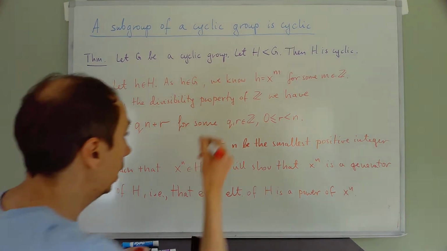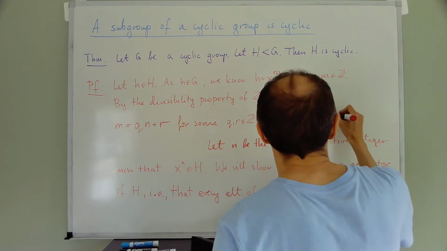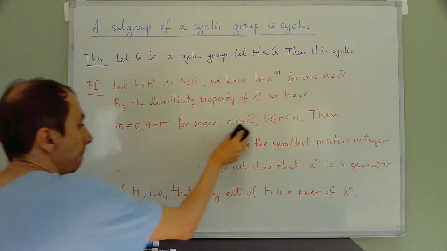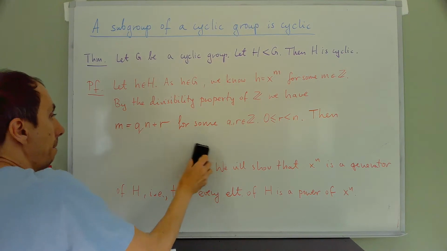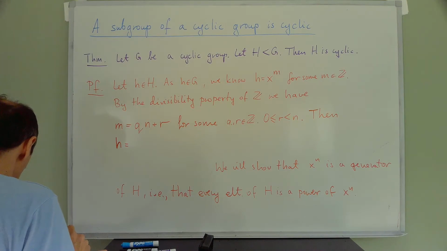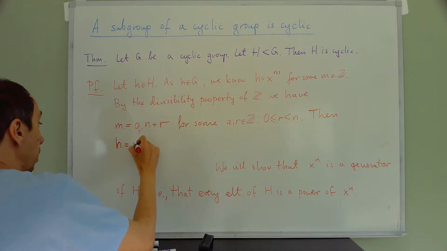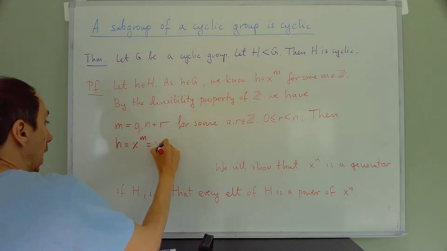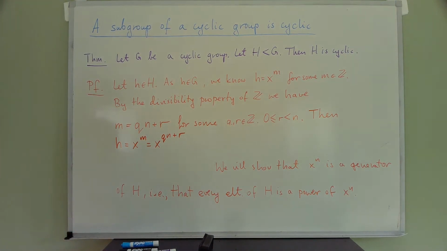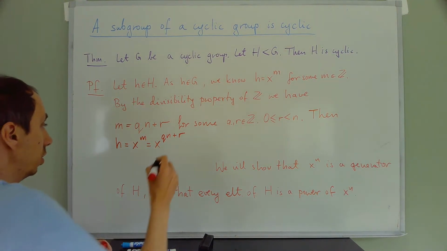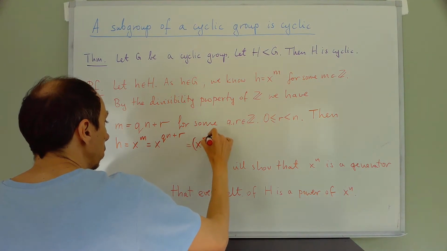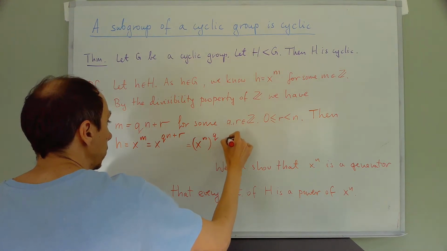All right, then what? Then what about h? Then h is equal to X to the m, which is equal to X to the qn plus r, which is then equal to X to the n to the power q times X to the r.